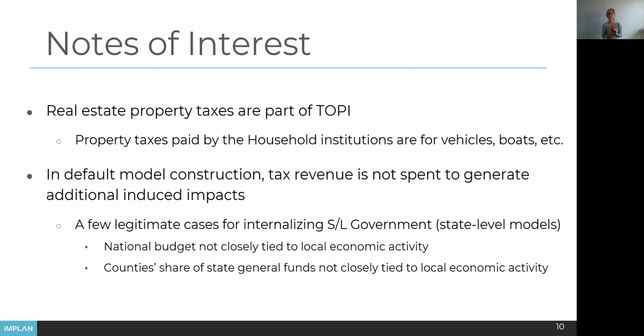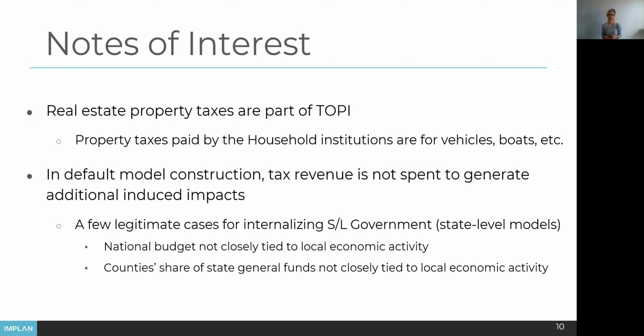And in the vast majority of cases that is the best thing to assume and the most correct thing, because usually government budgets are set by other means and they don't closely reflect some change in your economy, like a new factory coming to town. Your government isn't necessarily going to spend more because of that.